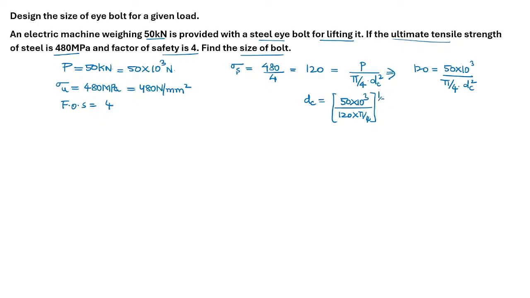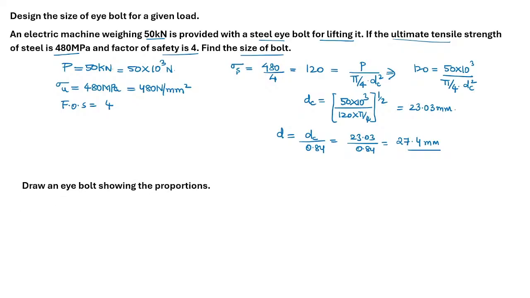Upon solving, the value of DC will be 23.03 mm, and the nominal diameter D is equal to DC by 0.84, which is 23.03 divided by 0.84, and that is equal to 27.4 mm, the nominal diameter of the eye bolt.